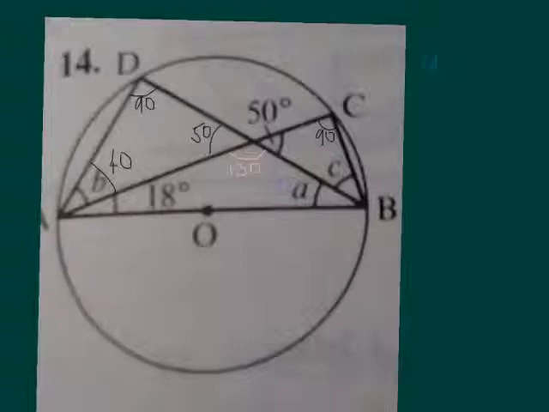So A equals 32. Okay, I've only got to do C now. That's not so hard either, because straight away I've just noticed I've got a triangle there. I knew that was 90, I knew that was 18, so far I'm on 108, which leaves me with 72 required.